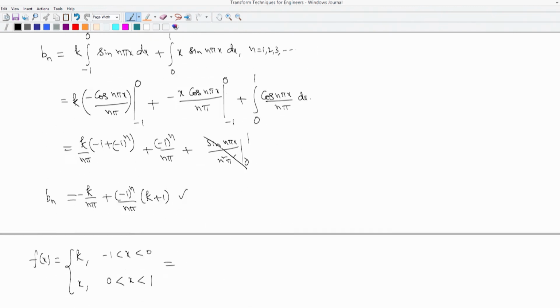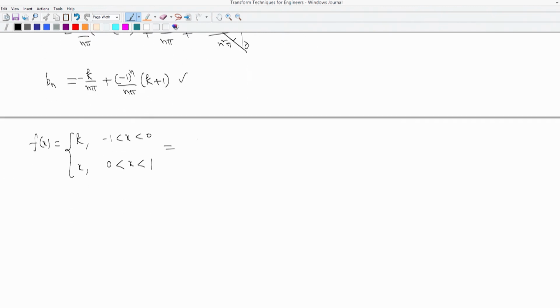A naught by 2 is k plus half, k plus half is 2k plus 1 by 2, that is A naught, into 2 divided by 2. So, you have 4, okay, plus sigma n from 1 to infinity a n.